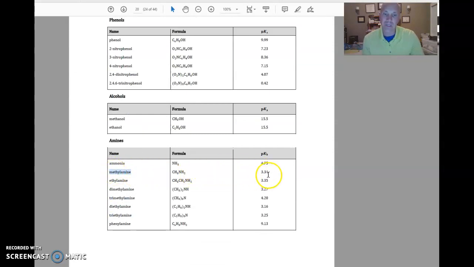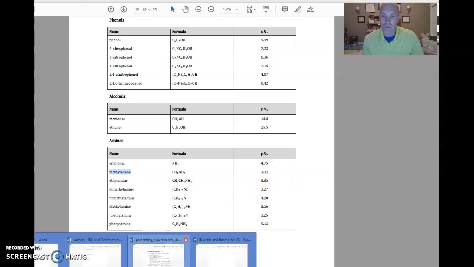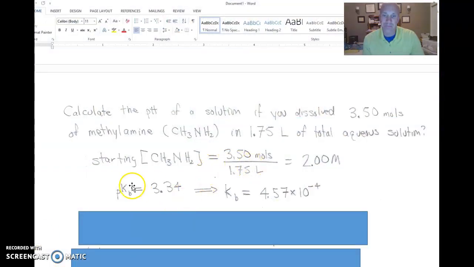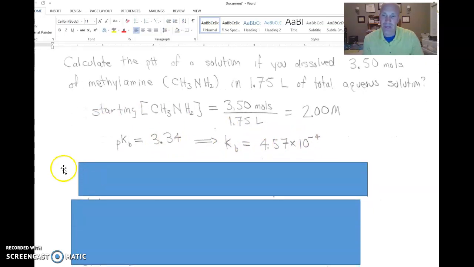You can see that its reported pKb is 3.34, and we are going to use that. So 3.34, and we can do 10 raised to the negative 3.34 to get to our Kb. This information is going to come in handy later.